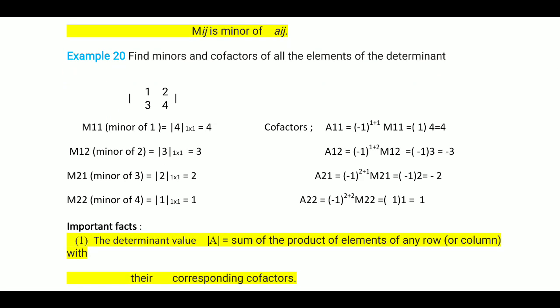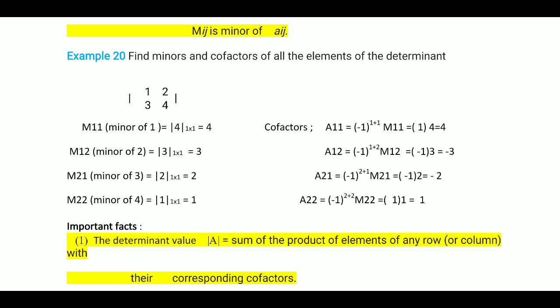Suppose there is a determinant of order 2 having elements 1, 2, 3 and 4. Here M11 means the first element of first row and first column. That means you have to find the minor of 1. The first row and first column element is 1.